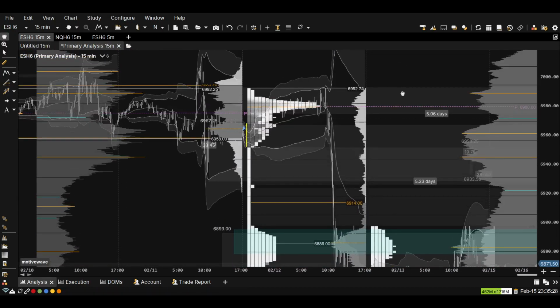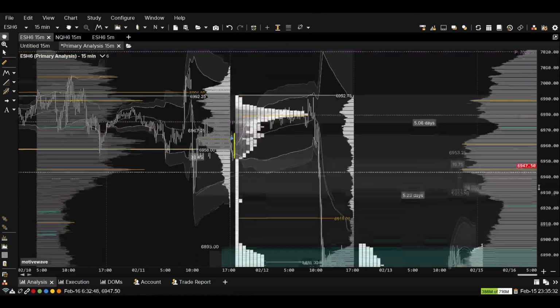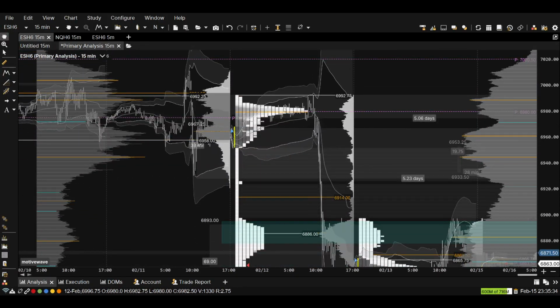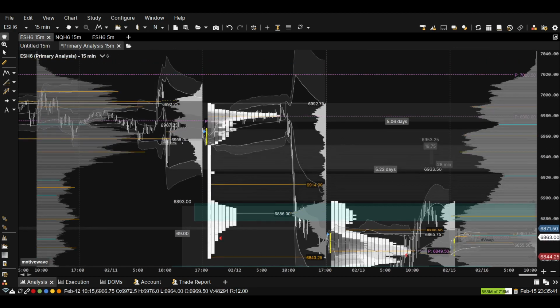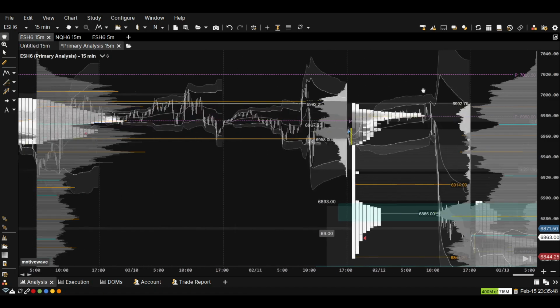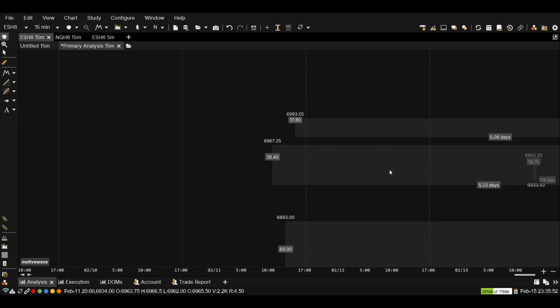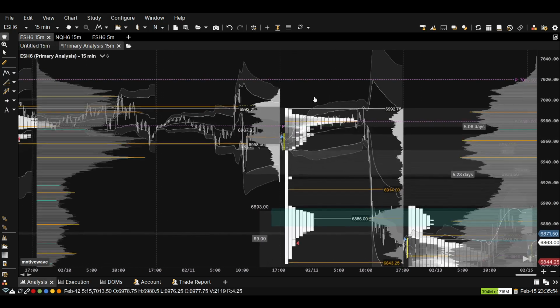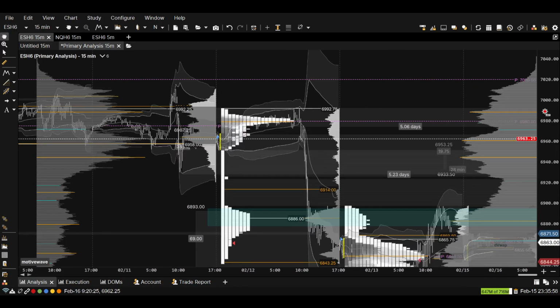So why is this area so important? This is the last high volume node that made this huge bearish movement. This high volume node is very important to take into consideration because of what? We have this area, high volume node, and this area.